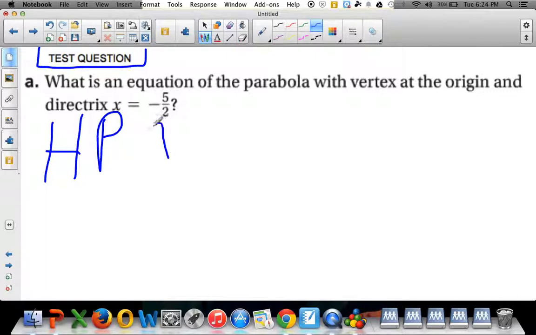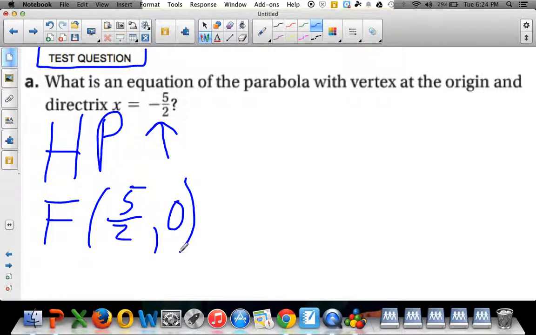So I know what my directrix is. That's easy to find my focus, which it doesn't ask me to find, but I need to go through the focus to find my equation. So my focus is going to be positive 5/2, 0.